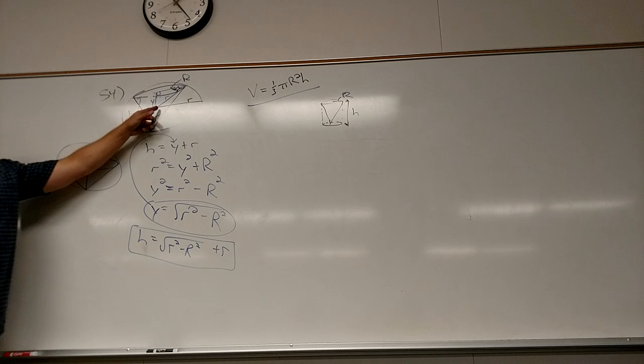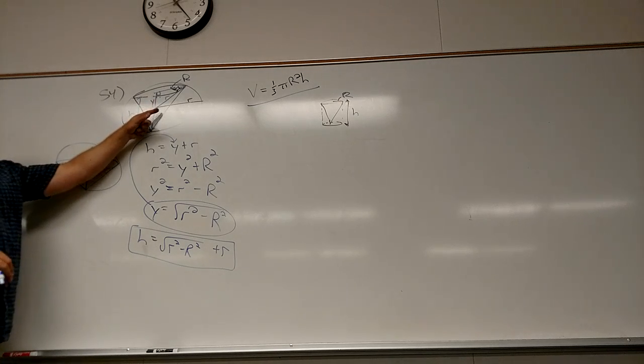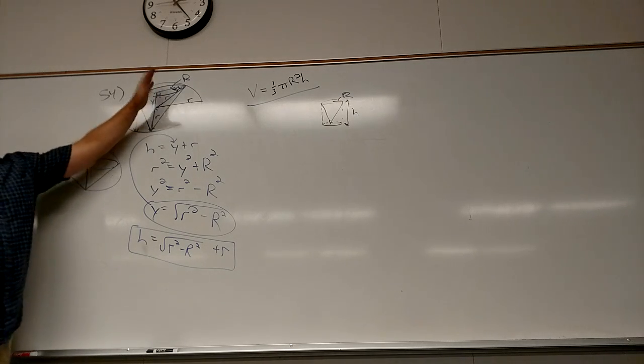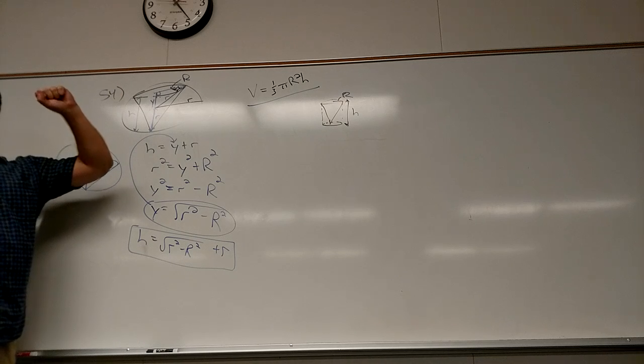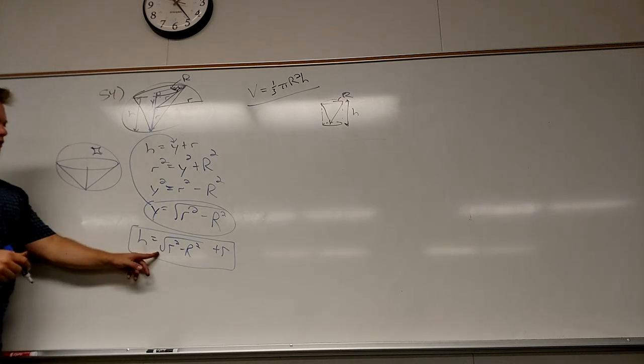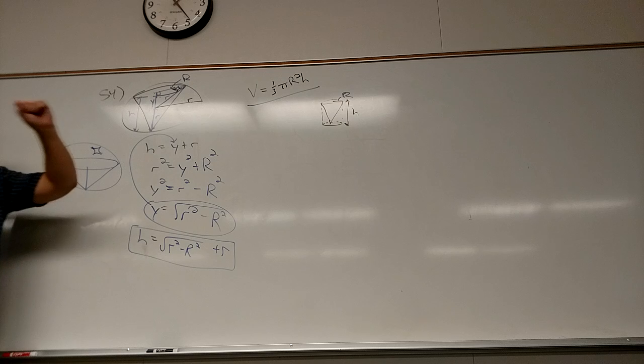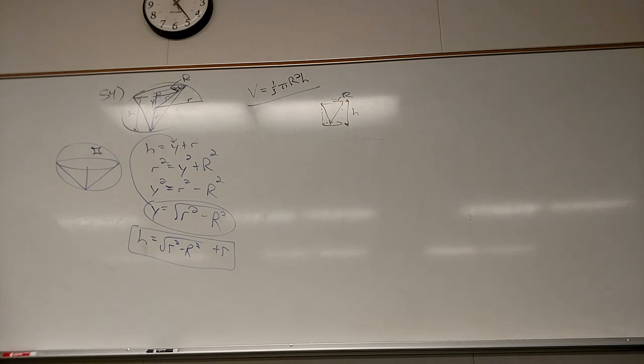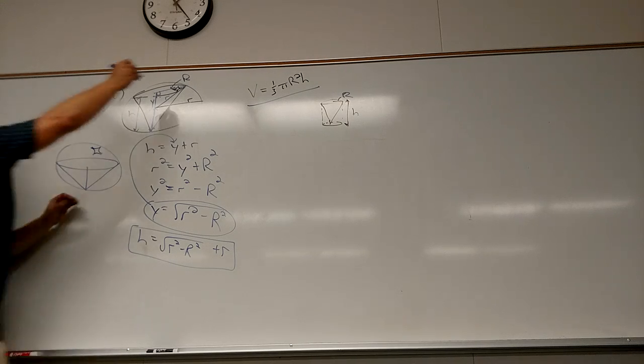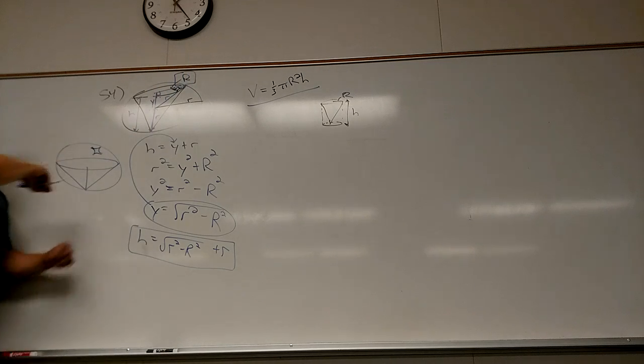So I'm trying to figure out from the setup what the relationship is between all these things. So I've got an expression for the height in terms of little r and big R, right? But big R itself can be changing.